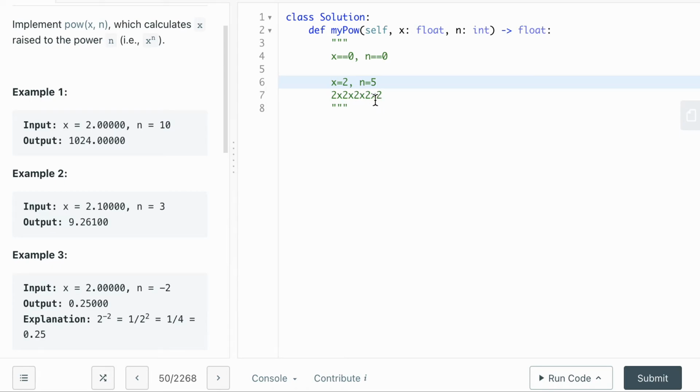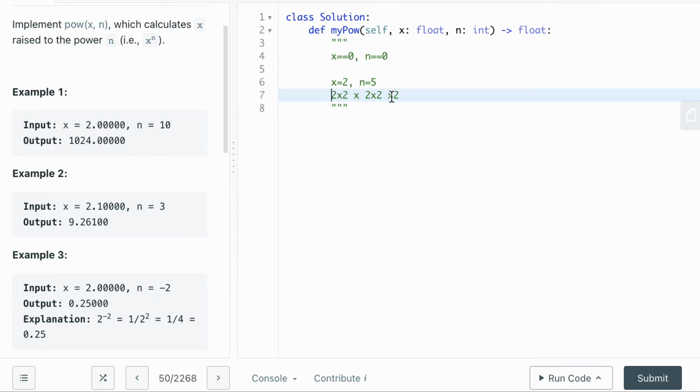You can divide this problem into smaller problems: I need 2 times 2 and 2 times 2, and then I multiply by one single 2 afterwards. So that's how you divide this problem if n is an odd number.